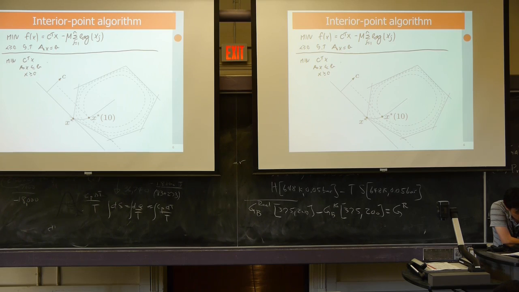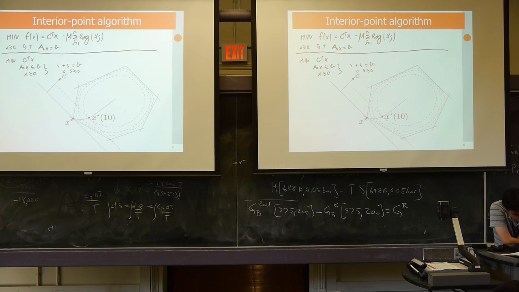And now you could just rewrite this as Ax plus some slack variables equals b, where x is non-negative and s is non-negative. And then this problem would be equivalent to the first one, right?